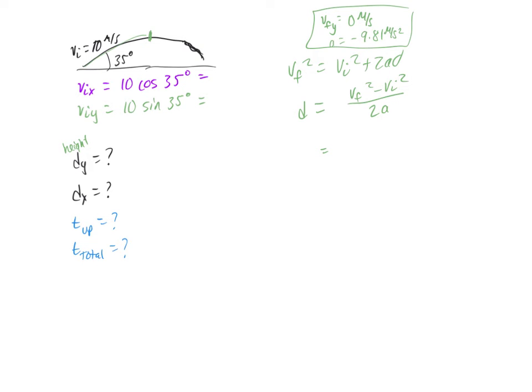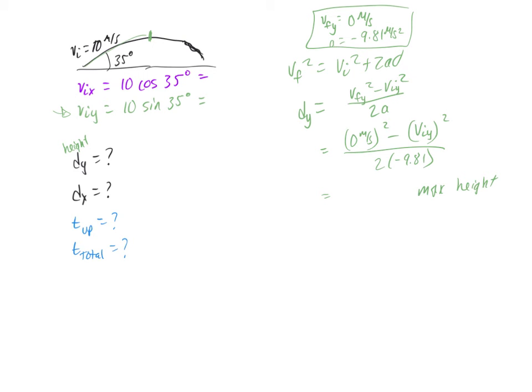So again, I didn't calculate my Viy, so you can do that. Remembering that our vf squared, though, is 0 meters per second, squaring it, minus whatever that Viy is squared, divided by 2 times negative 9.81. And that's going to give us our maximum height. Okay, so that's our dy.